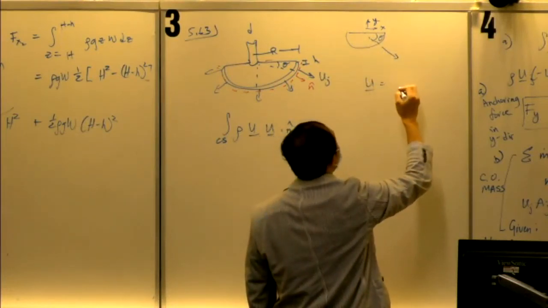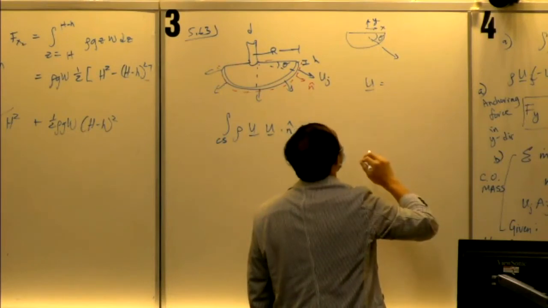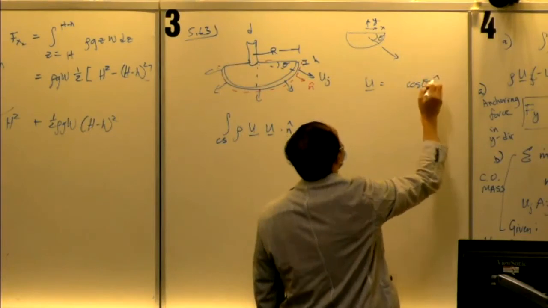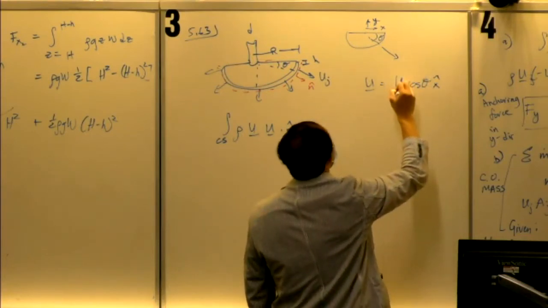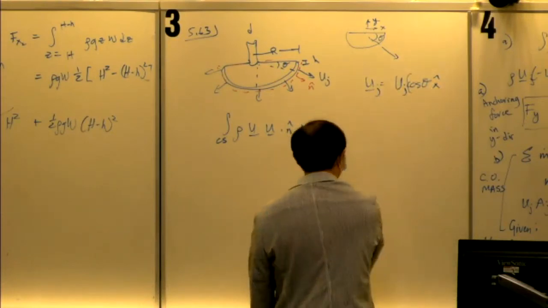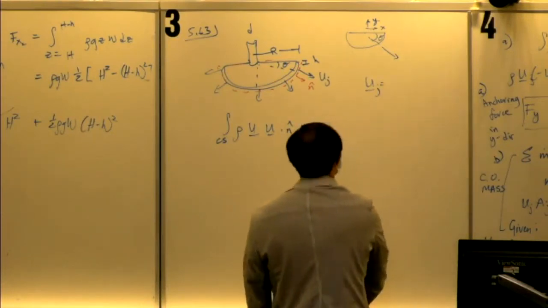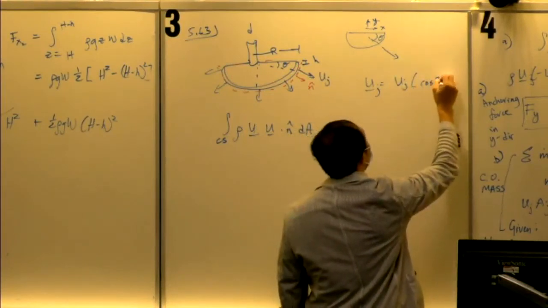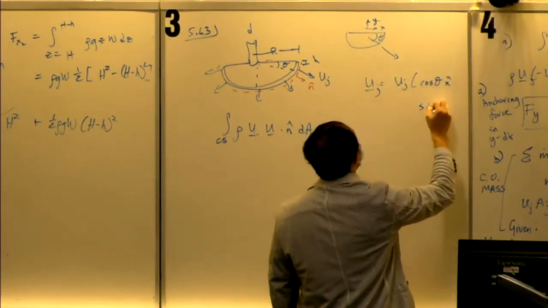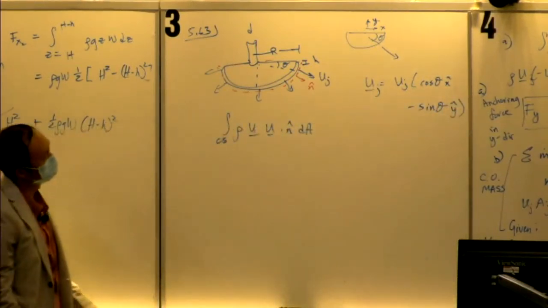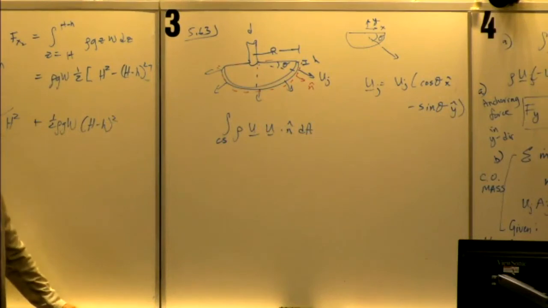And when theta is 0, it's all in the x. So cosine theta x hat. Right? So when theta is 0, it's all in the x hat direction and nothing in the y.